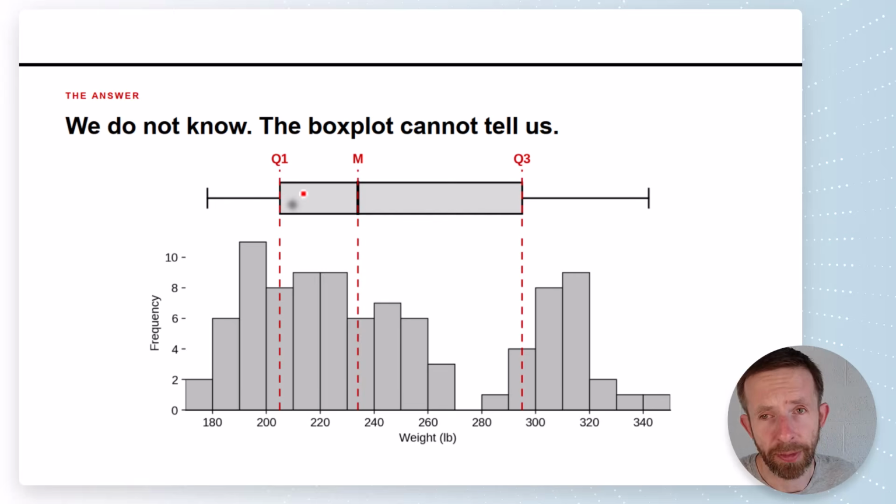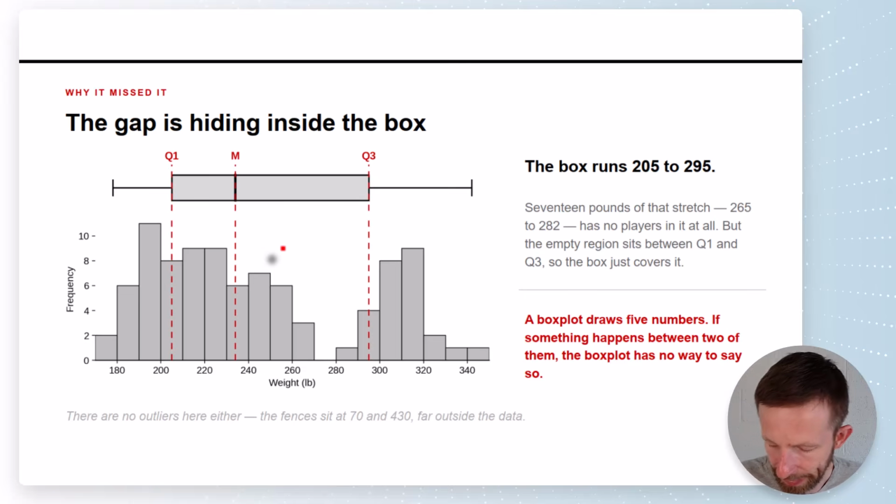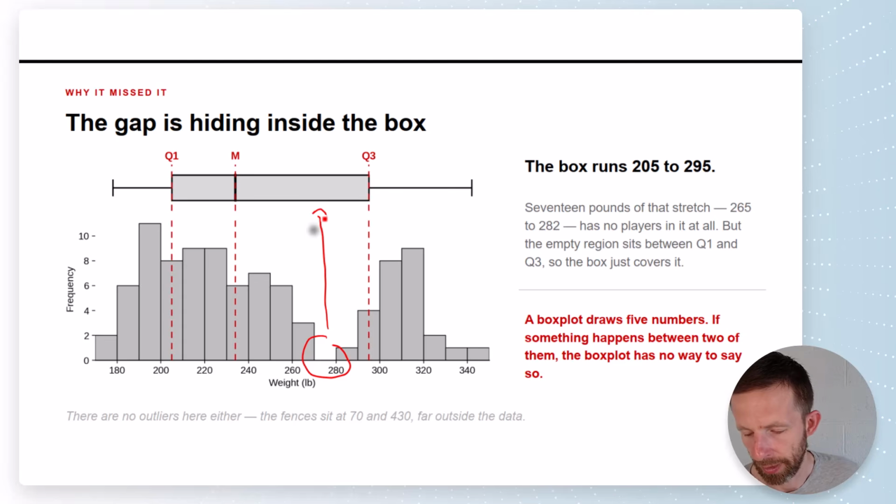The shape of the distribution of the weight is bimodal, and the box plot does not show the bimodal nature of that. So there's a gap inside this distribution, and this gap is not evident through the box plot.